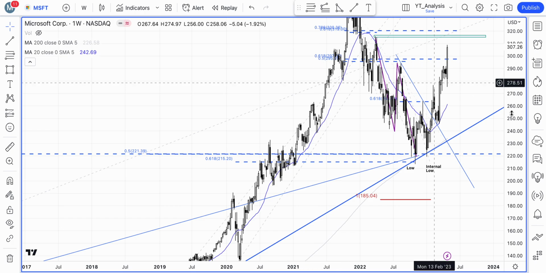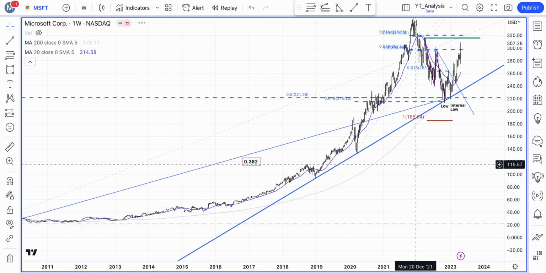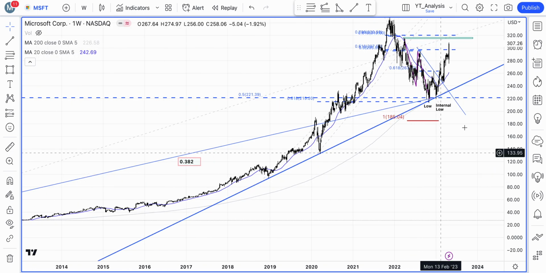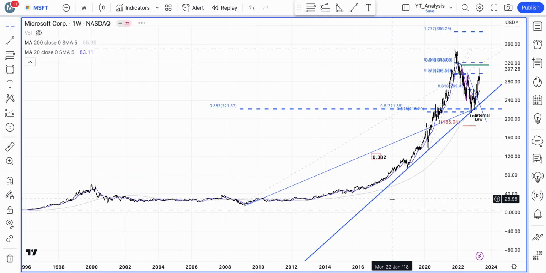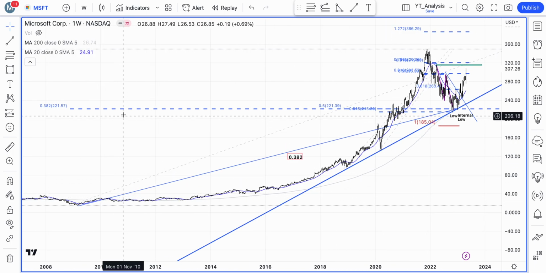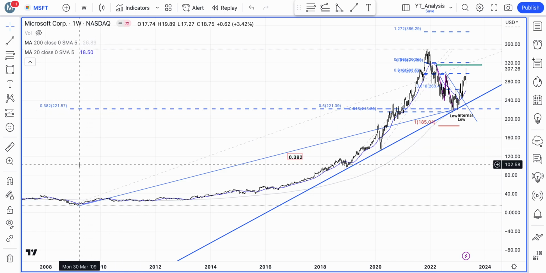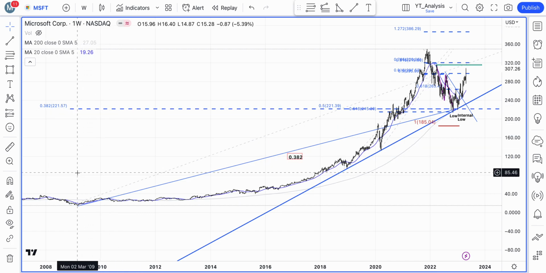So the key thing that I would like to mention is, look, this is a really long-term chart on a weekly basis. And here what the stock has actually done, when it came as low as around the $220 per share level, a little bit lower, about $213, $215 per share, it had just retraced the 38.2% of its lows formed in March of 2009.